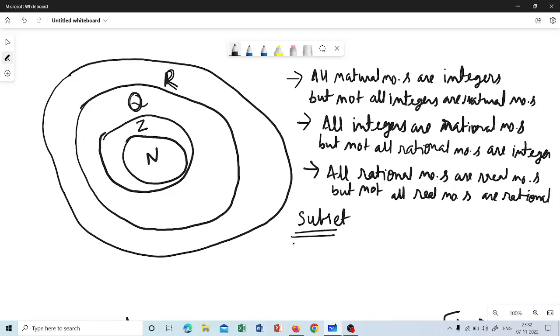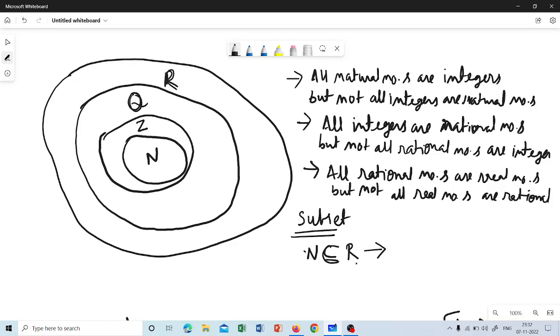I can write as follows. I can write N as a subset of real numbers, right? Because all natural numbers are real numbers. In the set of real numbers we can include all natural numbers.